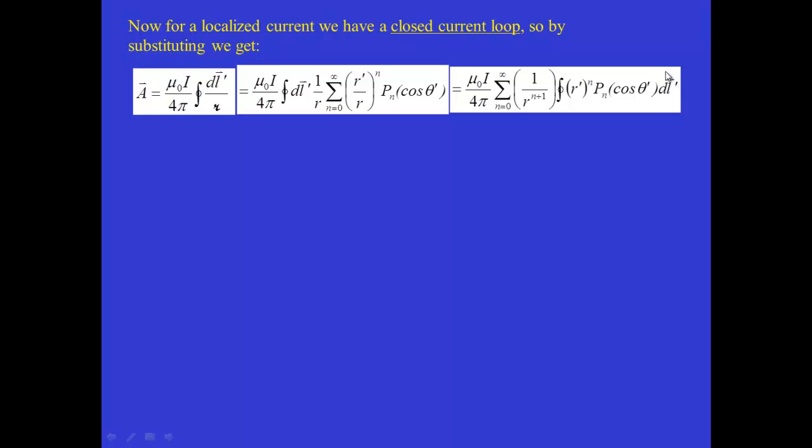Note it's important that dl prime is a vector. A is a vector quantity, and so we're integrating this length element dl prime, which is not just a length but a vector quantity.